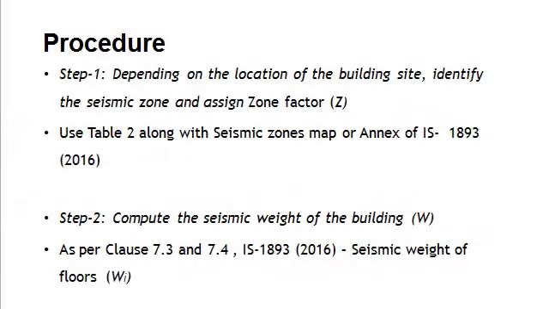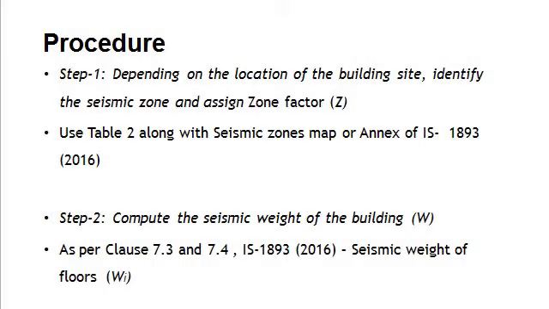To start with the procedure, step 1 is, depending on the location of the site, identify the seismic zone and assign the zone factor. This is a similar step to what we did in the static analysis also. Now use Table 2 along with the seismic zone map or annexure of IS 1893 to get these values. Now step 2, compute the seismic weight of the building as per clause 7.3 and 7.4.